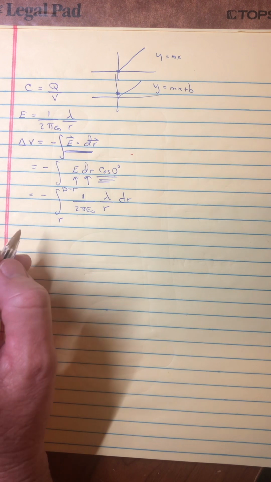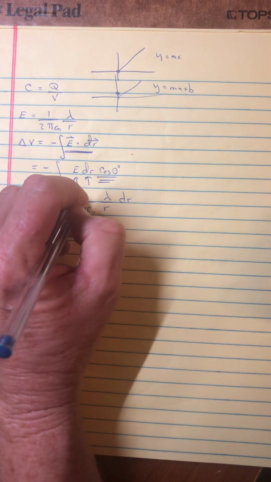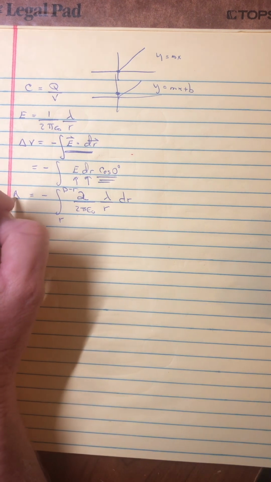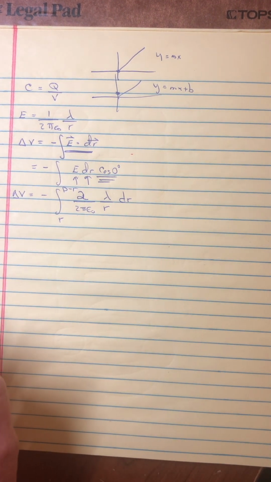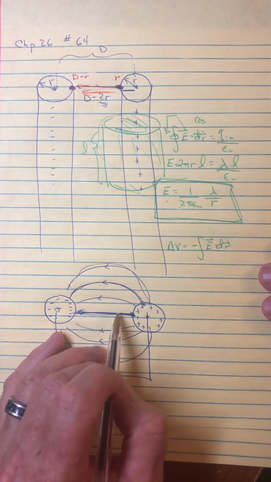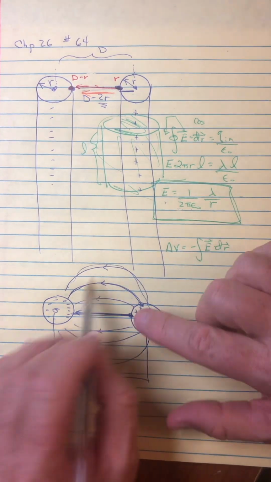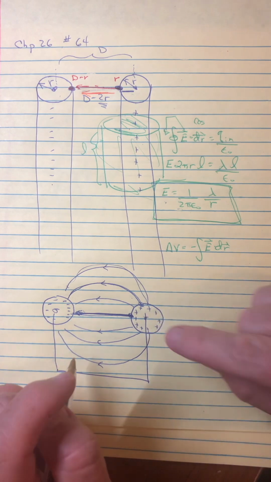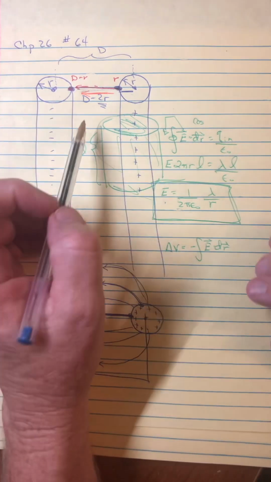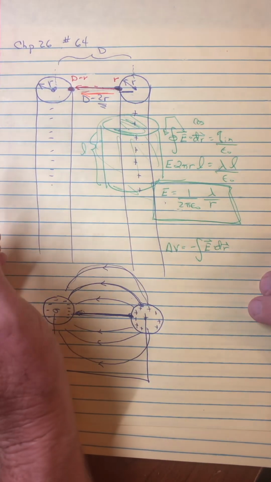Now, I suppose one more thing I should say is I'm going to double this to get the change in voltage for both wires. Because remember, the dipole field is actually pretty complicated, but it technically is just the linear combination of these two fields.